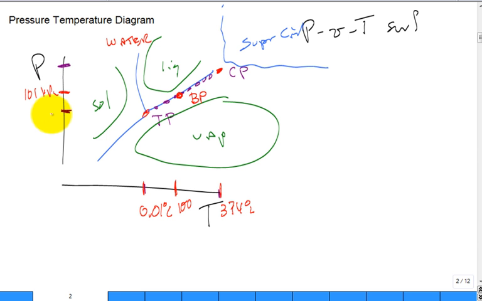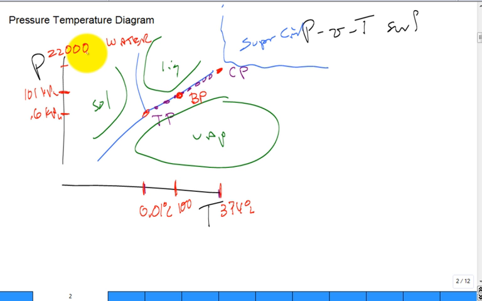Okay, now what is the pressure for the triple point for water? Around 0.6 kilopascal. What's the pressure for the critical point of water? Way up here, it's around 22 megapascals. Convert that to kilopascal: 22,000 kilopascal.